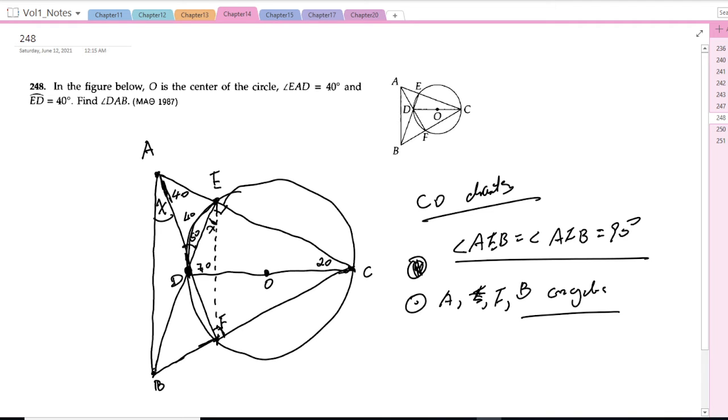They are both spanned by the arc BF, right? So BEF is also x. Then we also have D, E, C, F concyclic, right? So you can move the angles, so x, x, x. If these are all x, it means if we solve for x, we solve the problem, right?